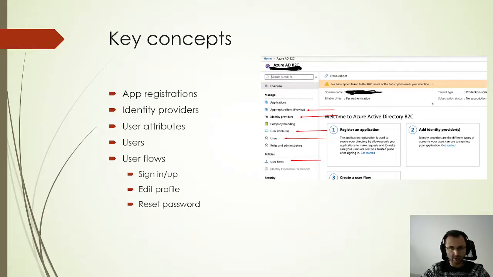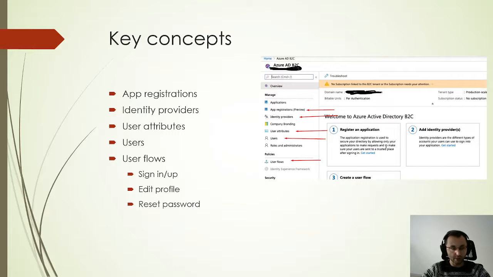User attributes are claims that are going to be returned when the user has been successfully signed in. Then we have a user section. Users basically are listed in the Azure Blade section users located here, and these are the users who have been successfully created via this tenant.